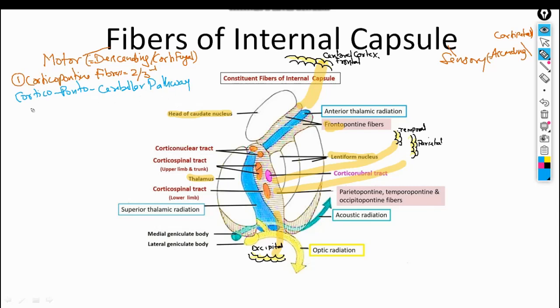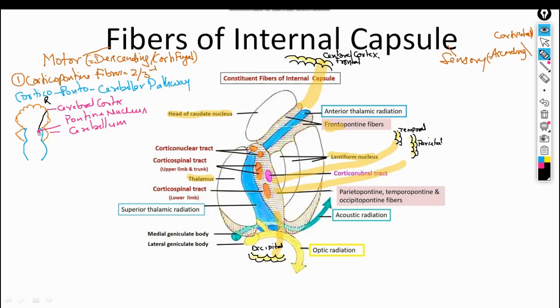So how does it work and what is the pathway? Just be focused. See, this is the cerebral cortex, and suppose this is of the right side. So this cerebral cortex, and here is the right side of the pontine nucleus, and this is the right side of the cerebellum. So the fibers from the cortex come to the ipsilateral side of the pontine nucleus.